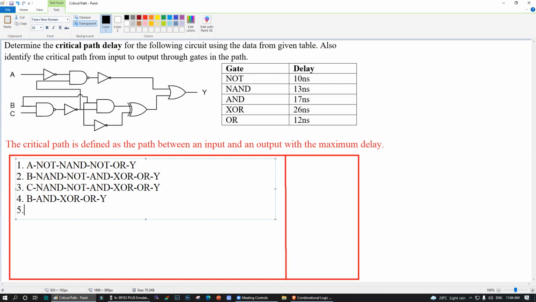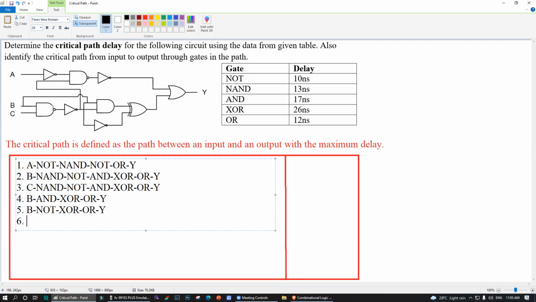Now come to path number 5. What is path number 5? B, NOT, XOR, OR, right? B, not AND, it is NOT. Then XOR, then OR, then Y. Then come to path number 6. What is path number 6? C or B, whatever.